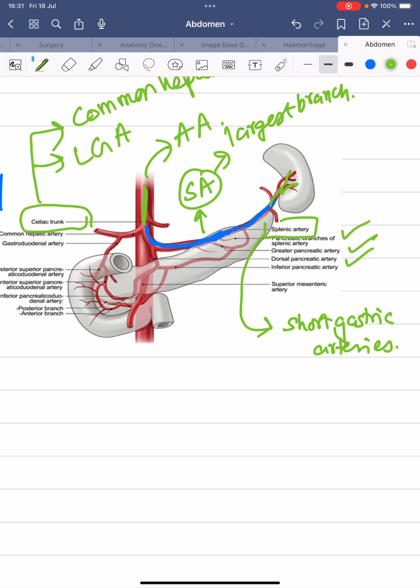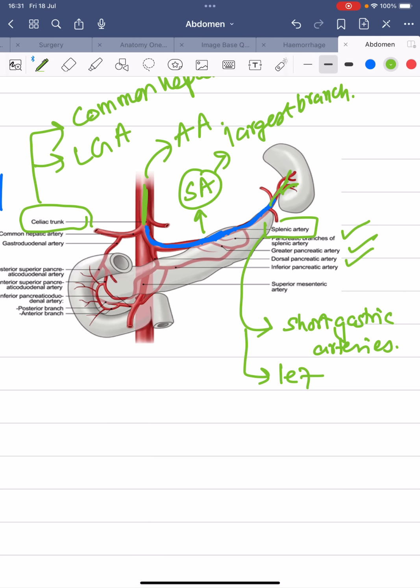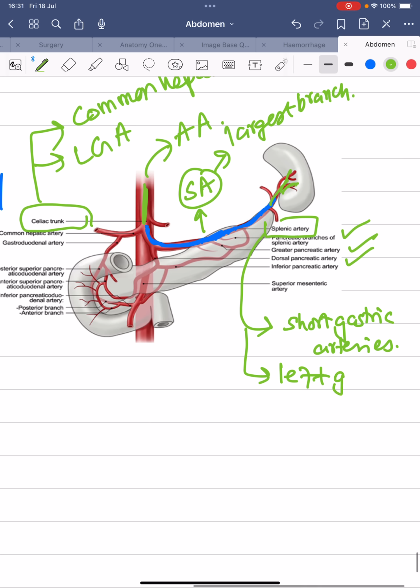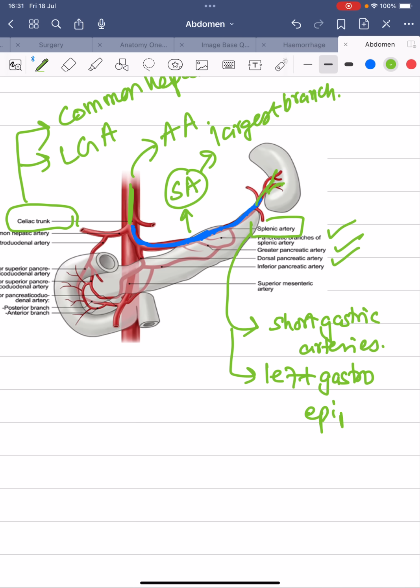And the second important branch you must remember is the left gastroepiploic artery. The short gastric and left gastroepiploic arteries are branches of your splenic artery.